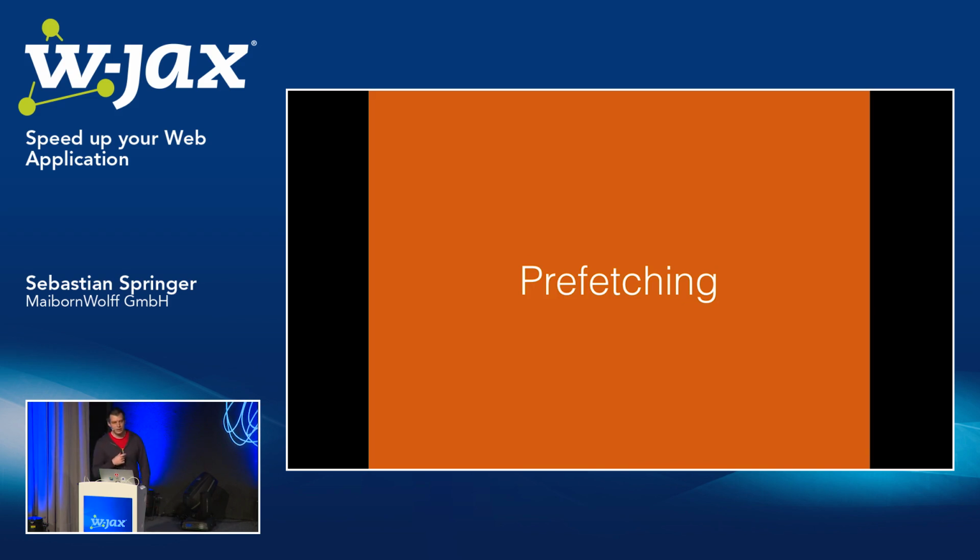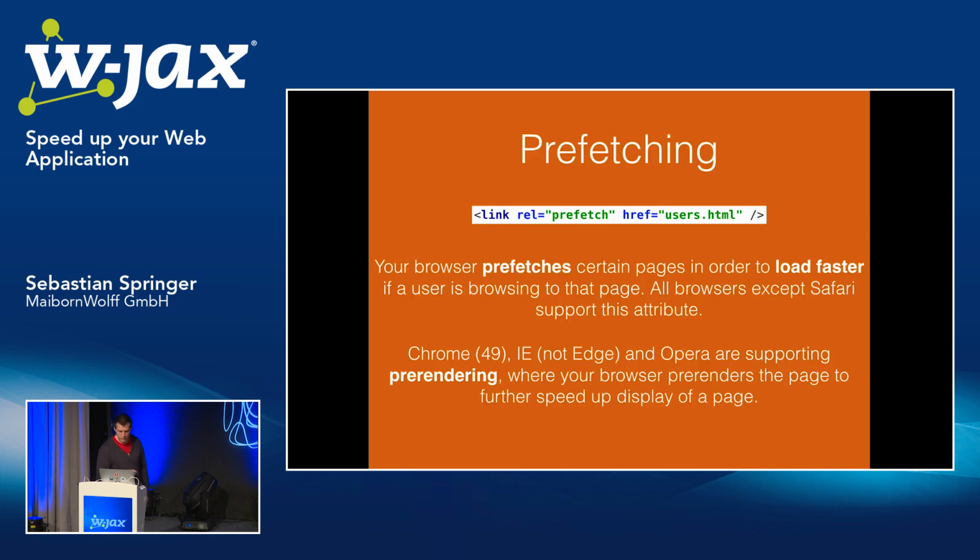You can tell your browser if you need a certain resource, for example, an image or an HTML or CSS or something, to preload the stuff in order to overcome the waiting process to load the certain resource. And this is done by prefetching. So you create a link element, and then you tell the browser, dear browser, please fetch these resources.